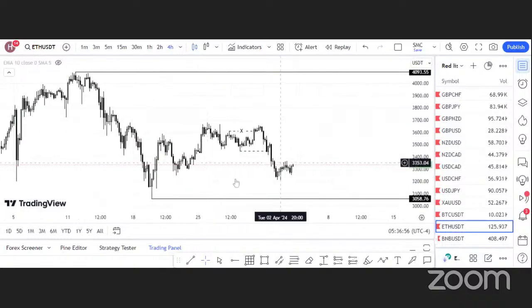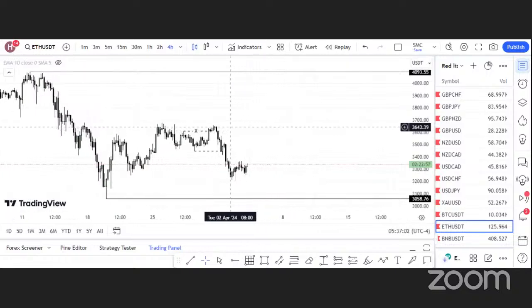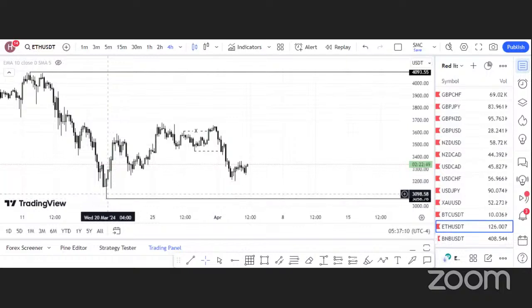Now let's analyze the current market. After this high was created, after this low was created, the market came up to this level, giving us another high.